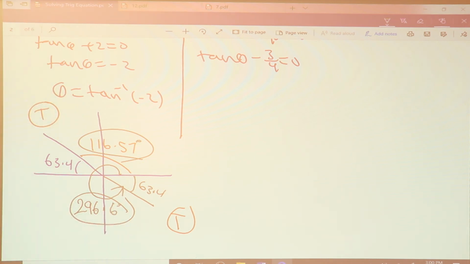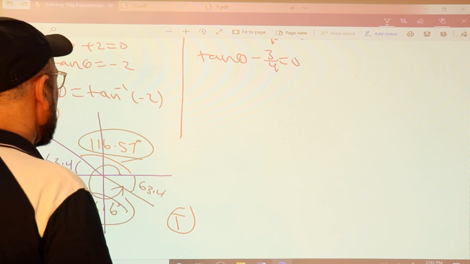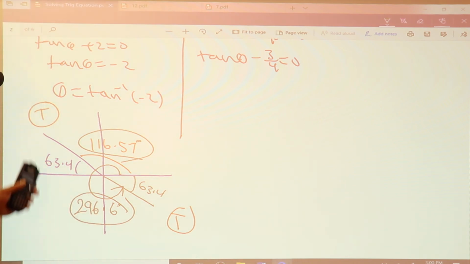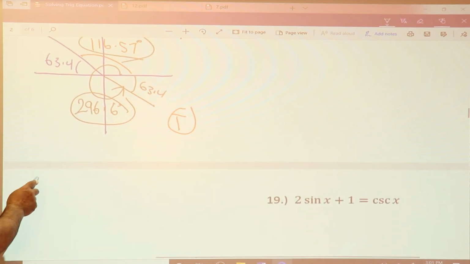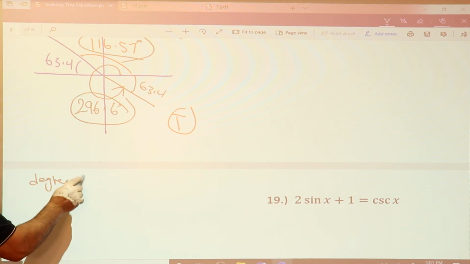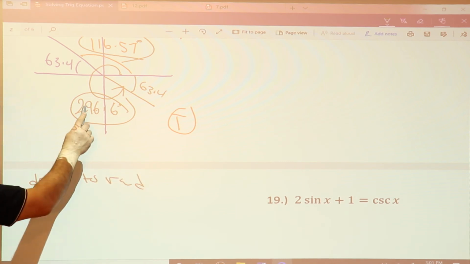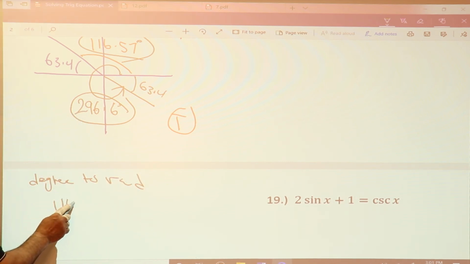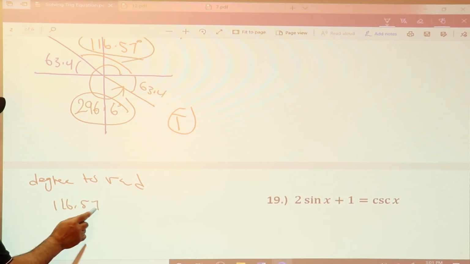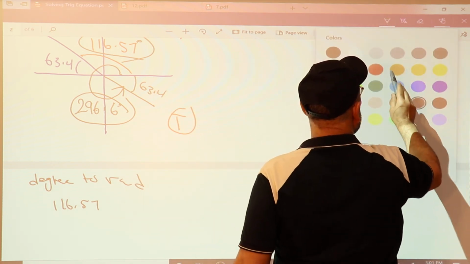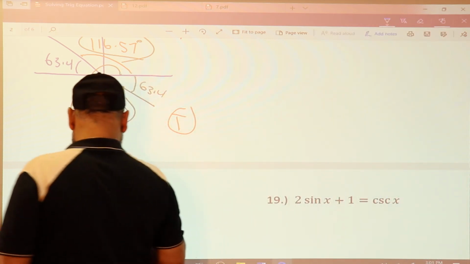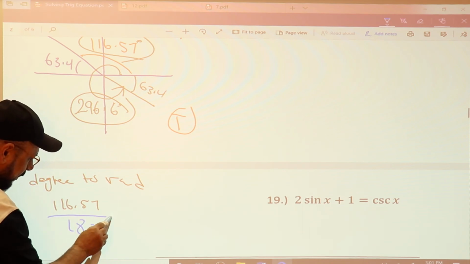To make it in radians, you have to divide by 180 and multiply by pi. I'm going to do one for you to go from degree to radian. You do 116.57, divide, always we divide by 180, times pi.